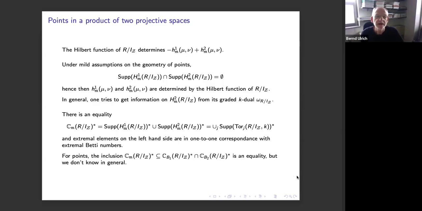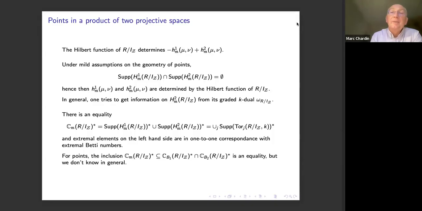Have you looked at more than products of two spaces? For some things, yes. For instance, for this last formula. First, results about support of tors and support of cohomology all work in any product. Right.